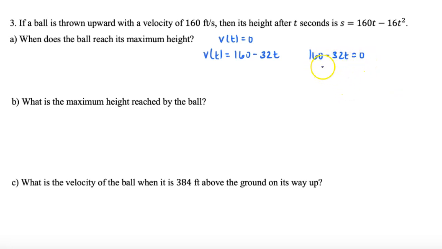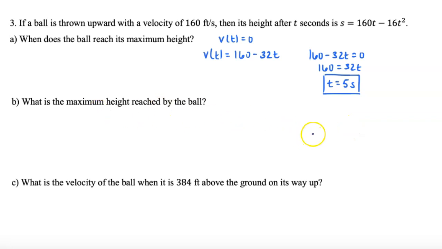I can bring this 32t to the other side to get 160 equals 32t. And finally, dividing 160 by 32, I get t is equal to 5. And because t is in seconds, t is equal to 5 seconds. So this is when the ball reaches its maximum height.